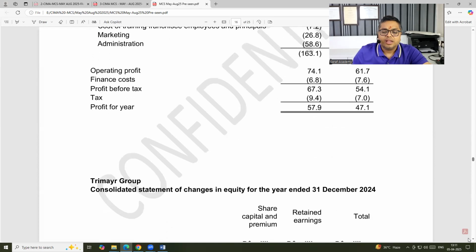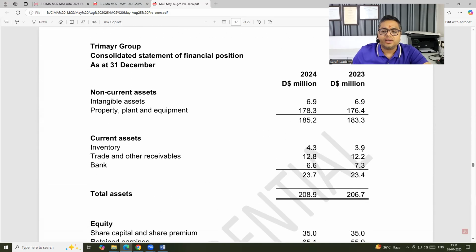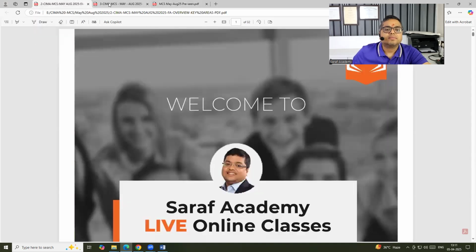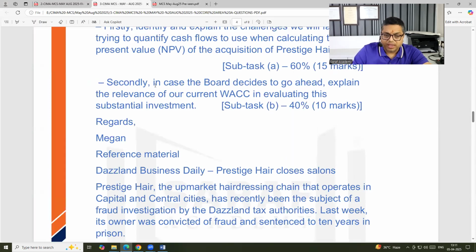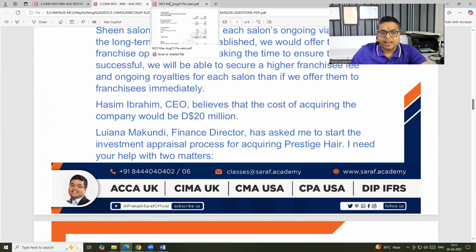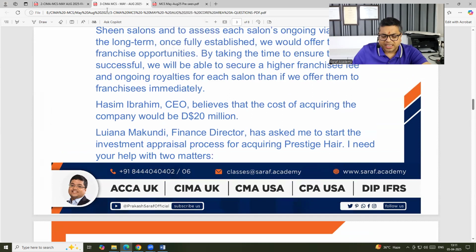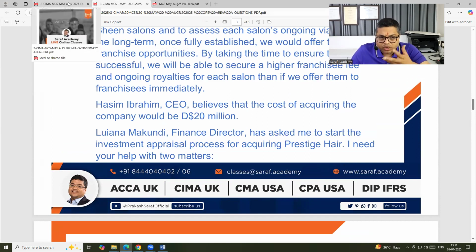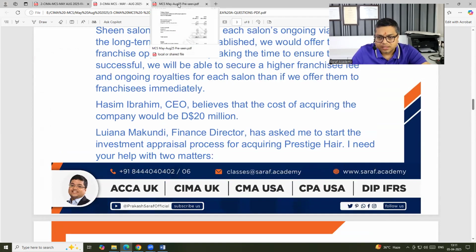And in the balance sheet, the assets are say around 200 million. And this is a project where the CEO is saying it will be 20 million, 10% of your entire value of assets. What do you think? Is 10% a significant amount or a small amount? You will not be able to decide this. You will say more or less singular.